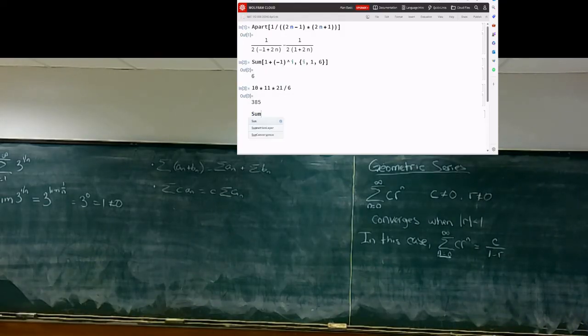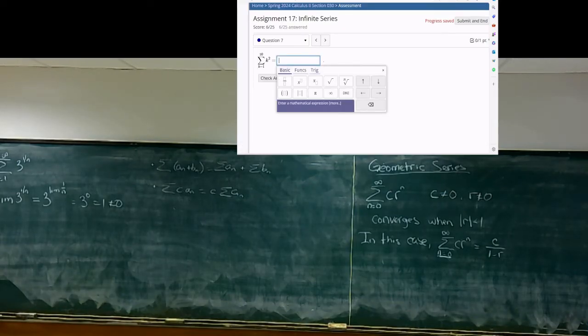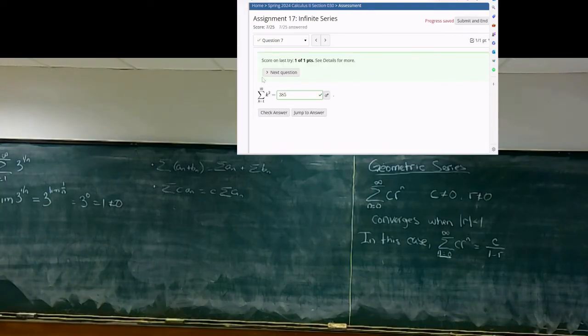Let's do this just to verify. 385. That's a lot easier than doing 1 squared plus 2 squared plus 3 squared plus 4 squared plus 5 squared plus, and so on. Remembering that formula is very handy.